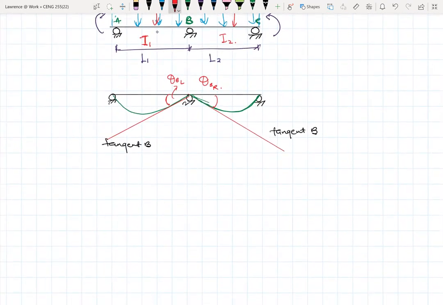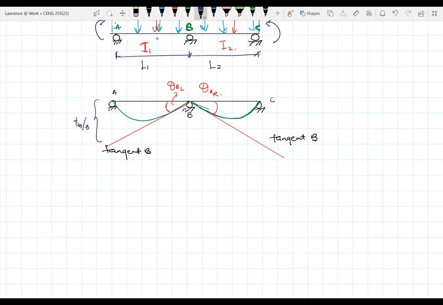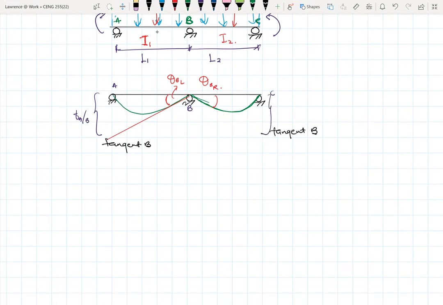Going back to our moment area method, if this point is A, this point is B, and this is C, the vertical deviation of point A when a tangent is drawn from B towards A will be T A B. In the same vein, the vertical deviation of C when you draw a tangent from B towards C is TCB.